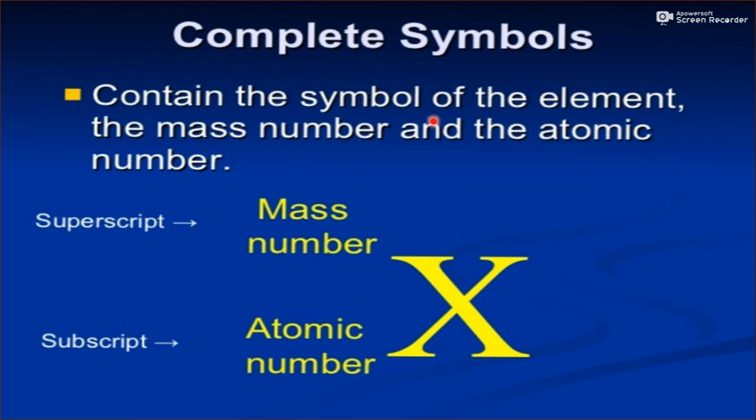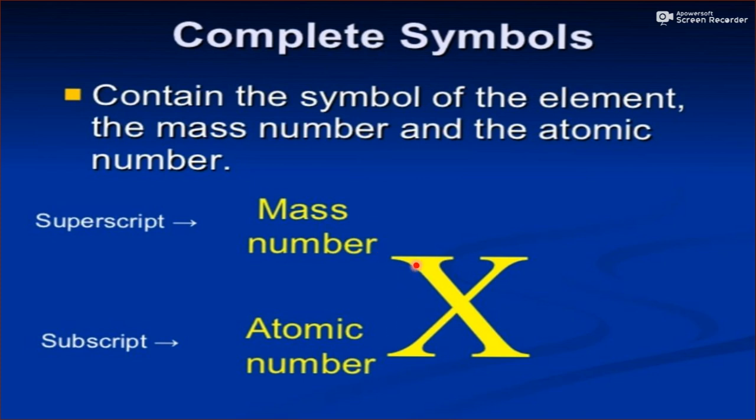Complete symbols. As we know, you already discussed in your 7th and 8th class that all the chemicals are identified by their symbols, like sodium is Na, like calcium is Ca. तो ये हम चैप्टर नंबर 3 में भी पढ़ेंगे कि एलिमेंट्स के सिंबल क्या होते हैं, कैसे आए थे. तो अगर हमें मास नंबर और एटॉमिक नंबर को रिप्रेजेंट करना है, तो how can we represent? So X, consider it any symbol, and that particular atom contains a particular mass number and a particular atomic number.